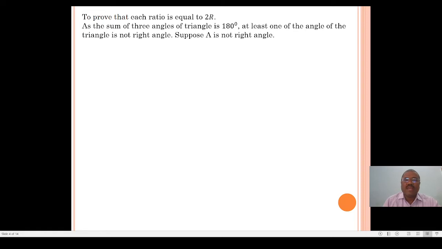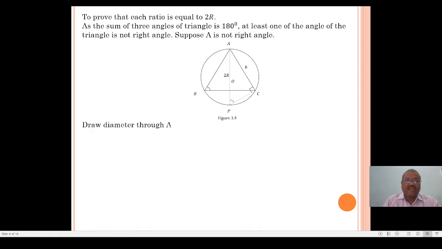So suppose A is not a right angle. See the figure. In a circle we draw a triangle. So draw a diameter through A.